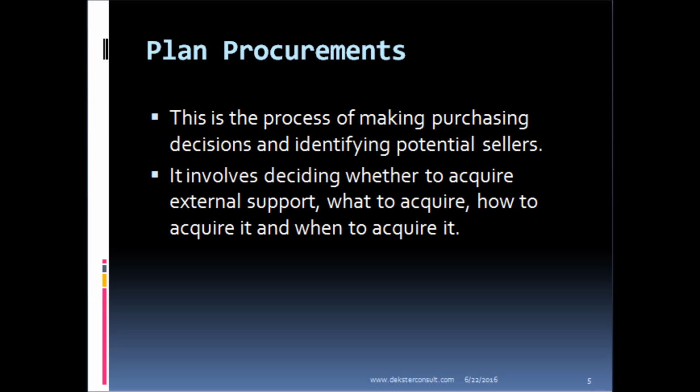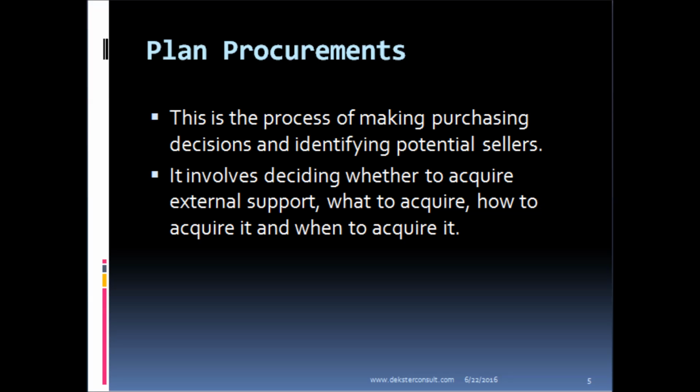Our first process, plan procurement. What is this process about? It's a process of making purchasing decisions and identifying potential sellers. Basically, that is what this process is about. We want to decide whether we want to purchase certain goods or services, or we want to do it internally.